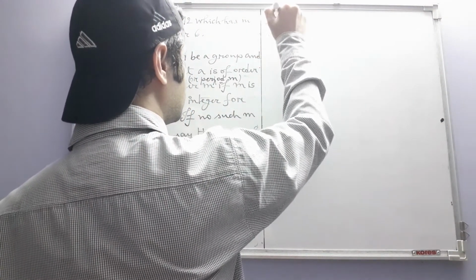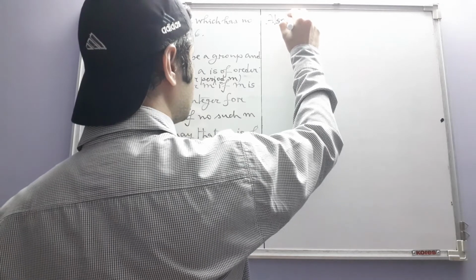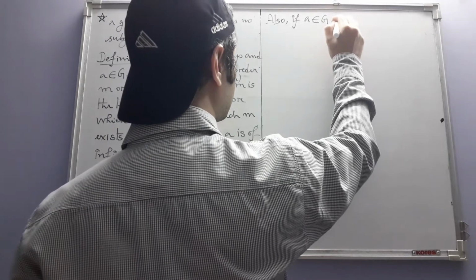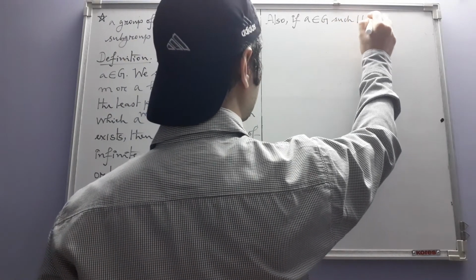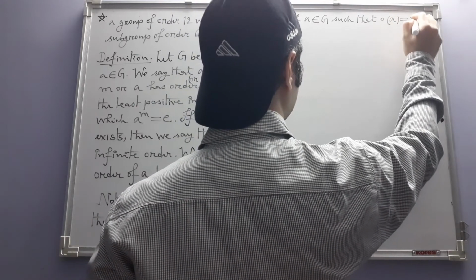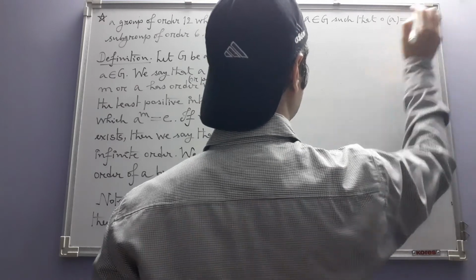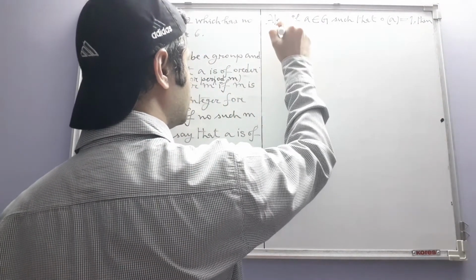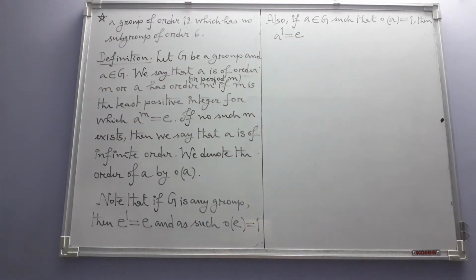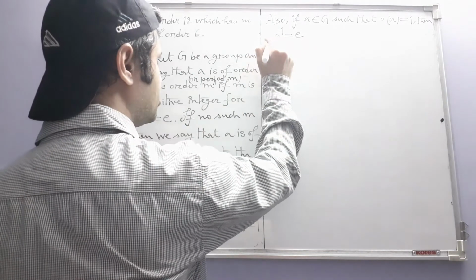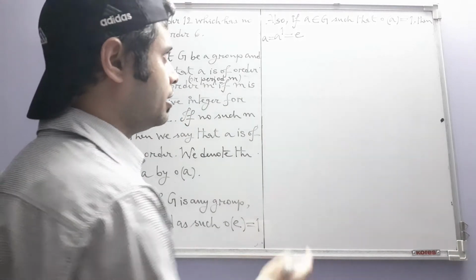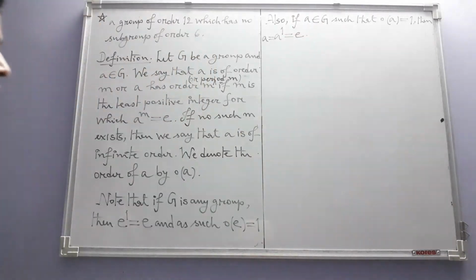Also, if A belongs to G such that the order of A is equal to 1, then by definition A to the power 1 is equal to identity, but we already know from our definition of integral powers of elements in a group that A to the power 1 is nothing but A. So A is equal to identity.